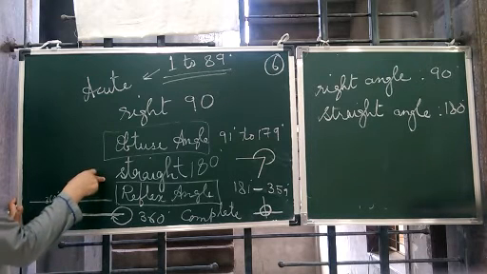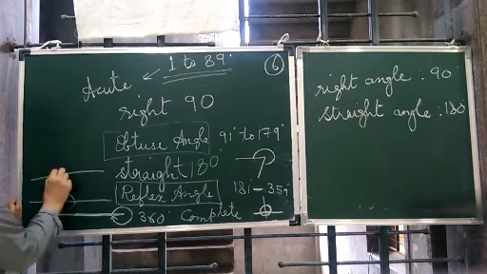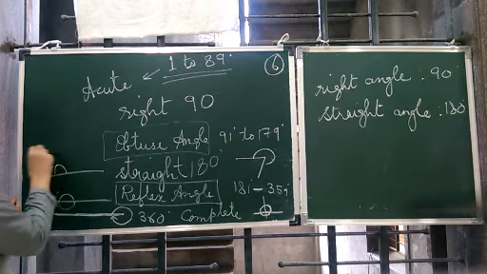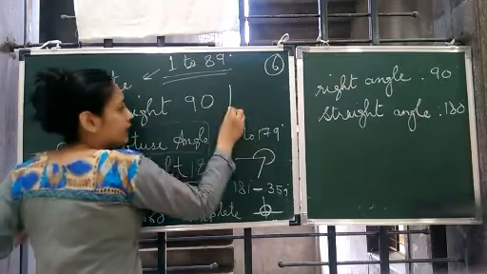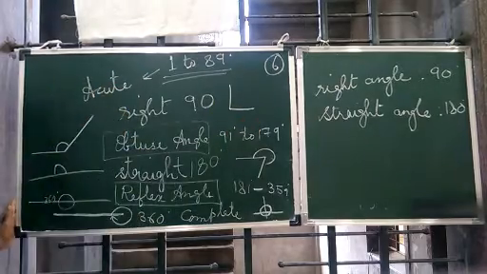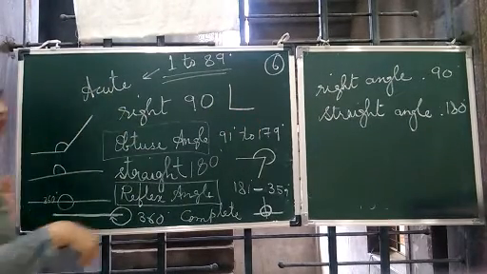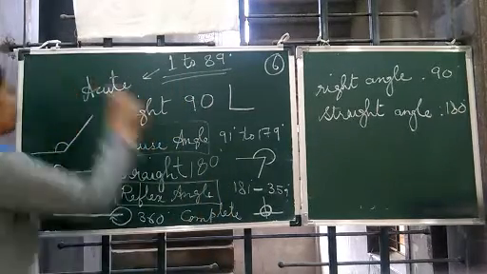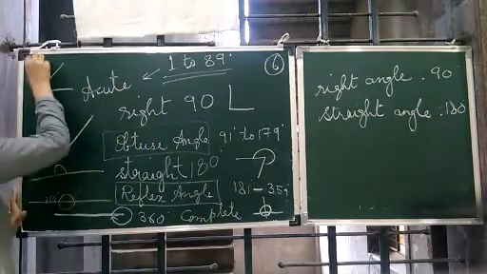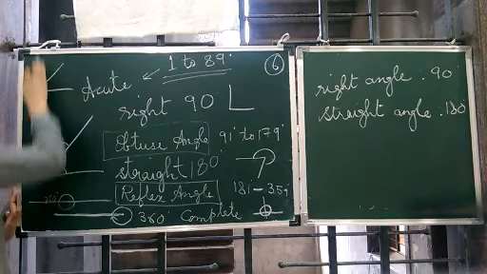Then we all know straight angle. This is the straight angle. What about obtuse angle, which is always greater than 90 degree? And we all know what is 90 degree: L shape, one ray vertical, one ray horizontal. And what about acute? Smaller than 90 degree, always below this.